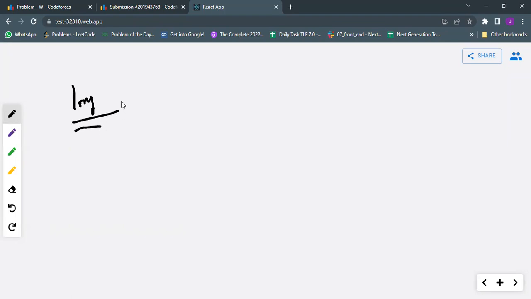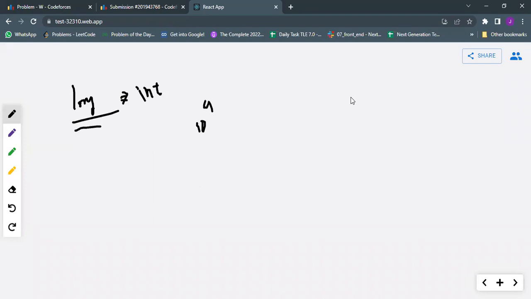Yes. Okay, so I think a single long is similar to integer. Same value, 10 to the power 9 approximately. So don't use a single long, always use long long. Long long or long long int, both are the same.